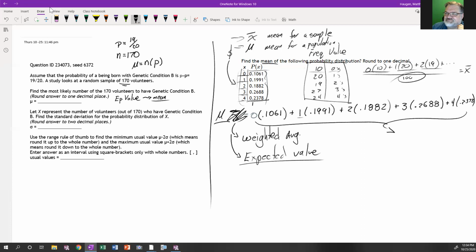Again, using successful as having this genetic condition. So if we imagine, what is that, 95%. If we want to write it as a decimal, 95% chance, or a 0.95 proportion. So if 95% of people are supposed to have this genetic condition, and we've got 170 people, then 95% of those 170 people should have this condition.